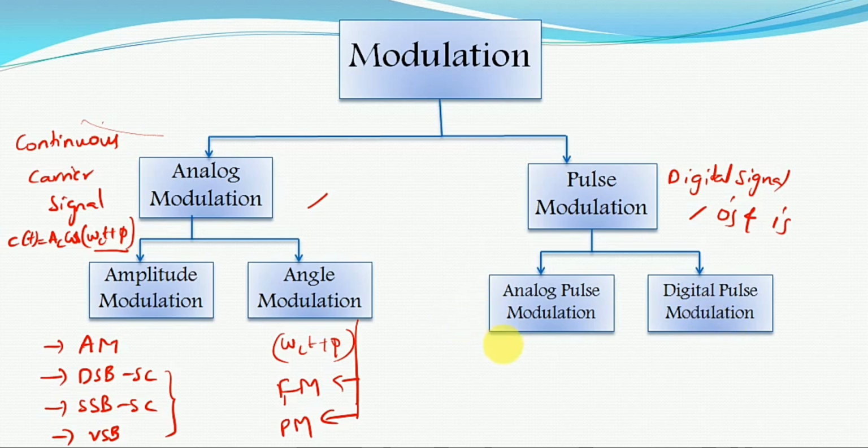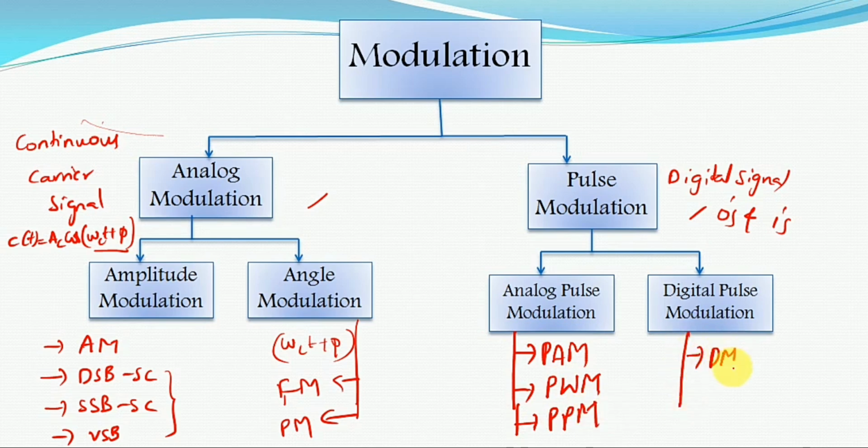In analog pulse modulation, we are going to see pulse amplitude modulation, pulse width modulation and pulse position modulation. Whereas in digital modulation, we are going to see delta modulation, adaptive delta modulation, pulse code modulation and differential pulse code modulation. These different modulation techniques will be explained in this course.